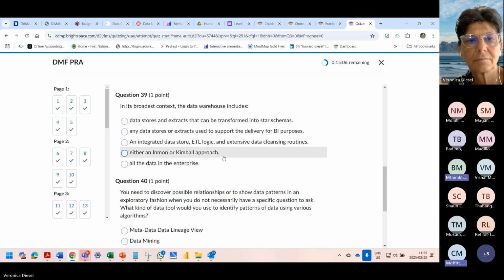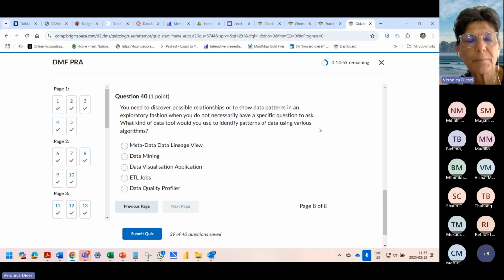Now we're just going for everyone. Okay, let's take a pick because we'll get the right answer. Of possible relationships or show data patterns in an exploratory fashion where you do not necessarily have a specific question to ask, what kind of data tool would you use to identify patterns of data using various algorithms? ETL jobs? We don't. Data mining. Okay, so we've done 40 questions.